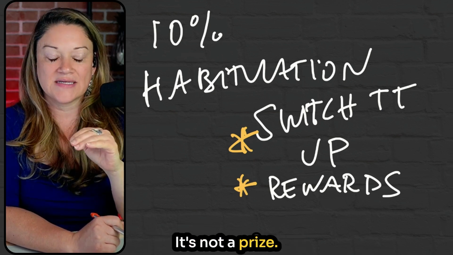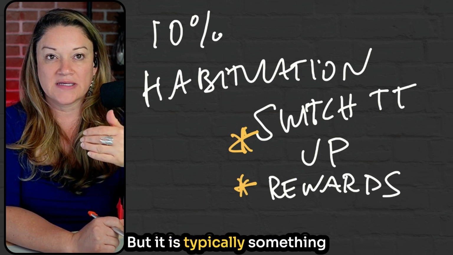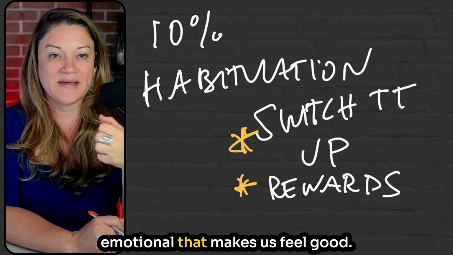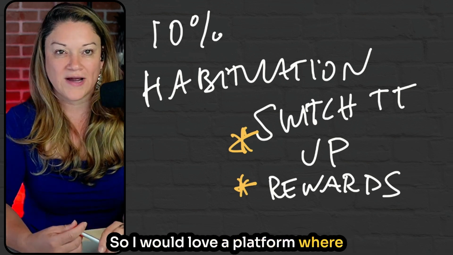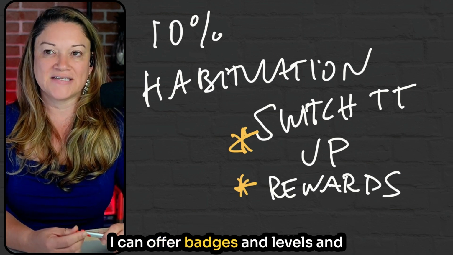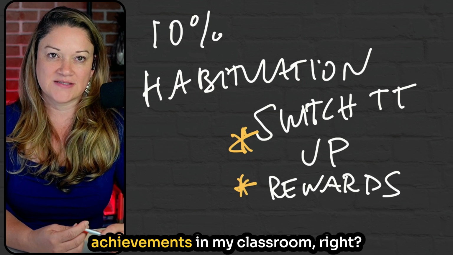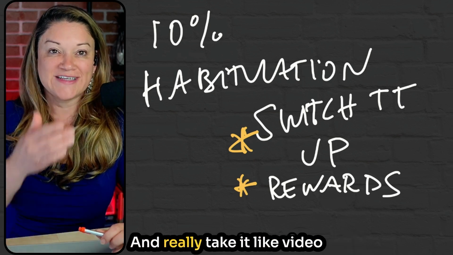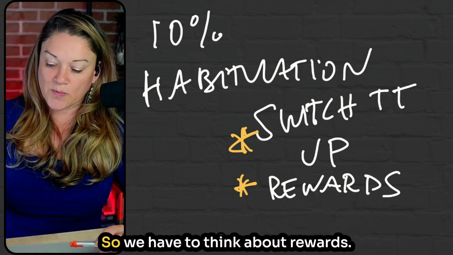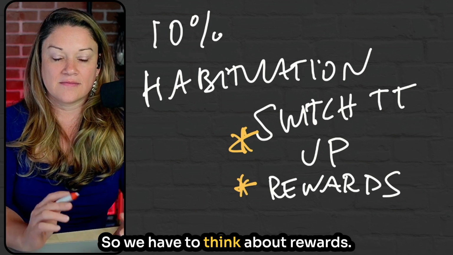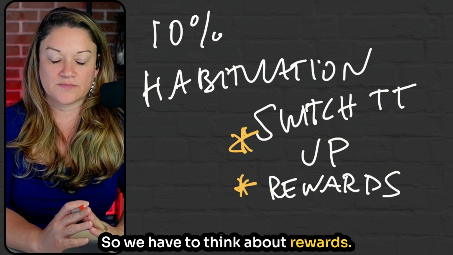It's not a prize, but it is typically something emotional that makes us feel good. So I would love a platform where I can offer badges and levels and achievements in my classroom, right? And really take it like video games do, offering levels. So we have to think about rewards.